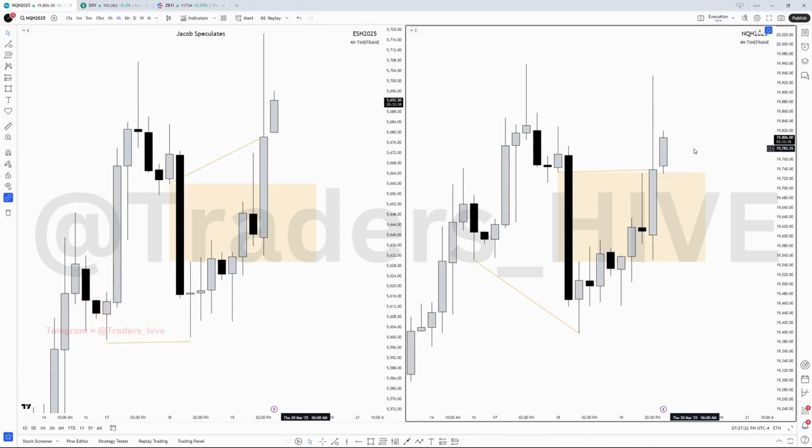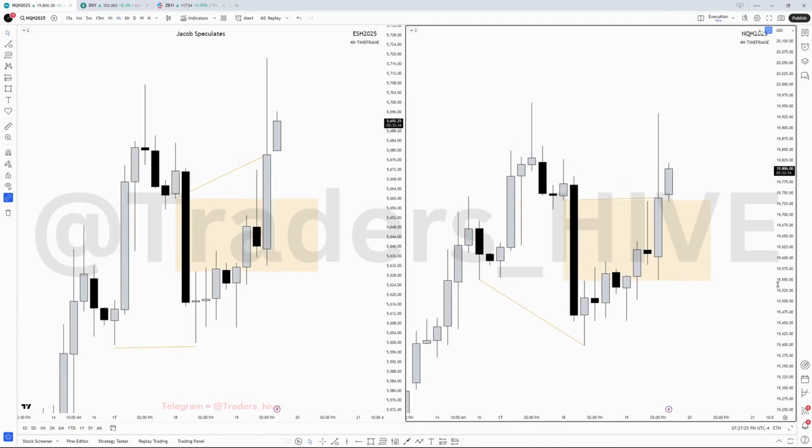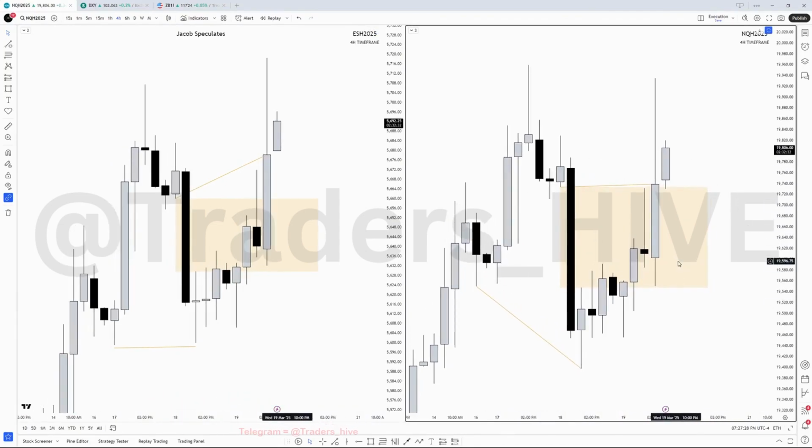This is what I'm talking about. You'll get to a point to where you can gauge strength and weakness just by looking at the chart. You can visibly see that the S&P closed greater above this gap compared to the NASDAQ. So if we were bullish, the S&P would be stronger for upside. If we were bearish, the NASDAQ would be stronger for downside.